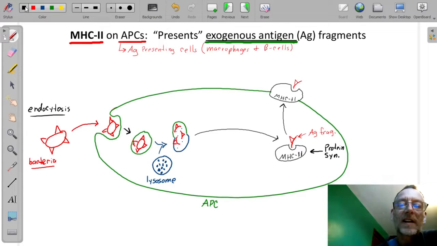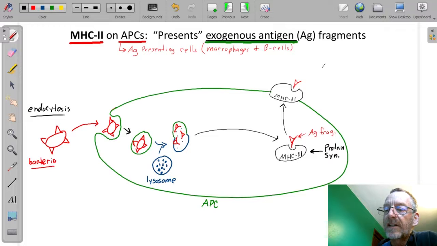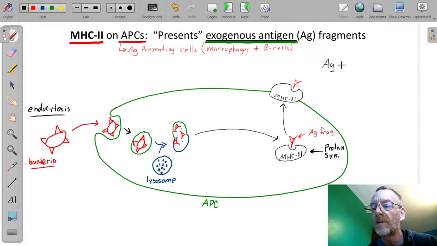And so in this case, this antigen presentation sort of sounds or raises the alarm. So antigen presentation, let's say, raises the alarm or sounds the alarm.